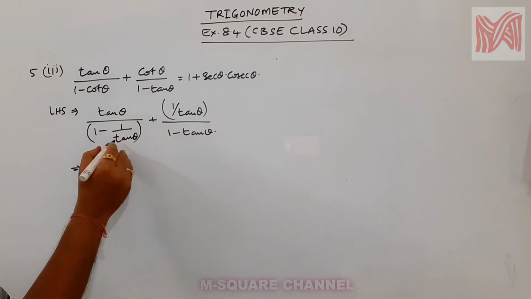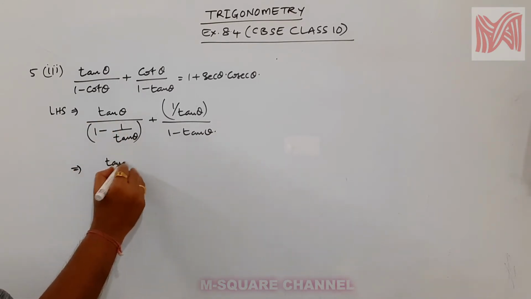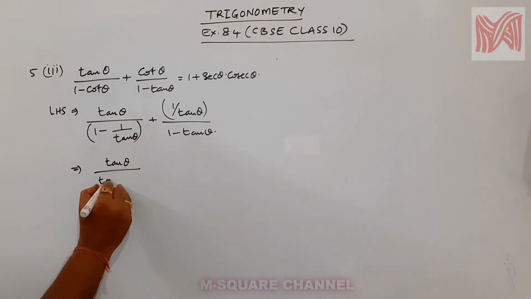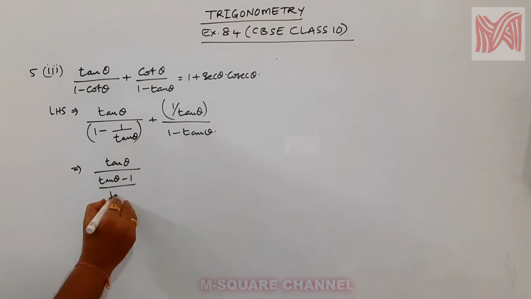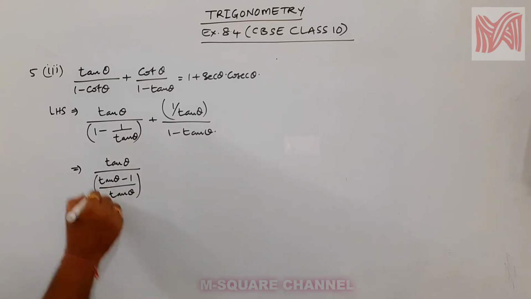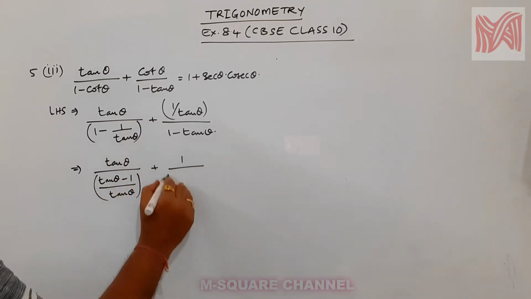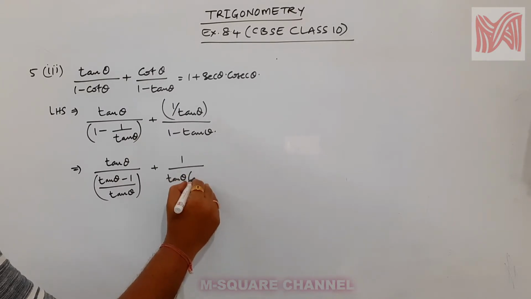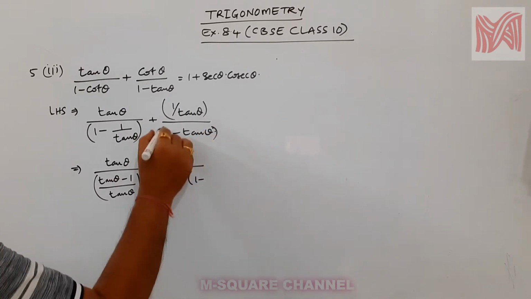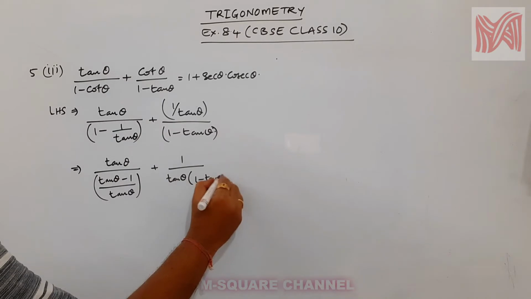And in the second step we take the LCM: tan theta by (tan theta minus 1) by tan theta, plus 1 by tan theta into (1 minus tan theta).